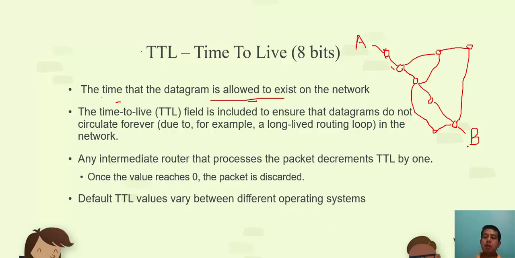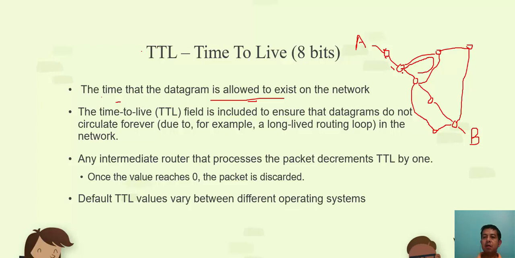Now because the routing path is decided by routing algorithms, due to some malfunction in the routers, or some malfunction in creating the routing table, a wrong routing table may be prepared, and for such a reason it may happen that a datagram by mistake moves around in a loop in this network.